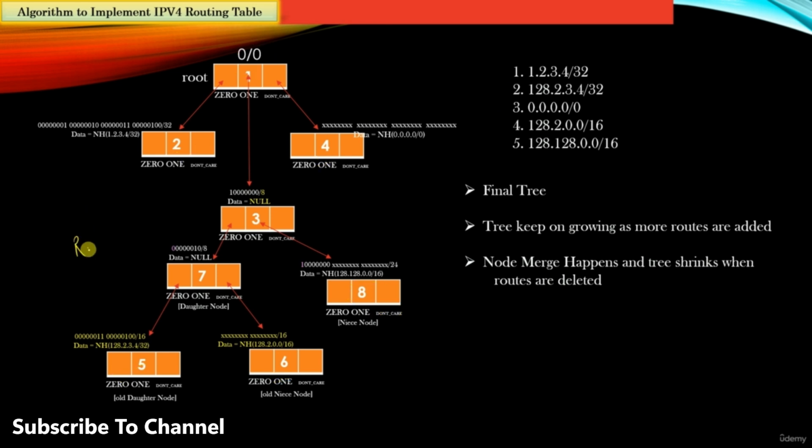Next we are going to discuss the route search algorithm. Route search algorithm means that in this tree we know that we have already inserted 5 routes. What if I tell you that, hey, tell me whether the route 128.2.0.0/16 is present in this mTry or not. So you have to come up with a yes or no answer on whether the route is present or not.